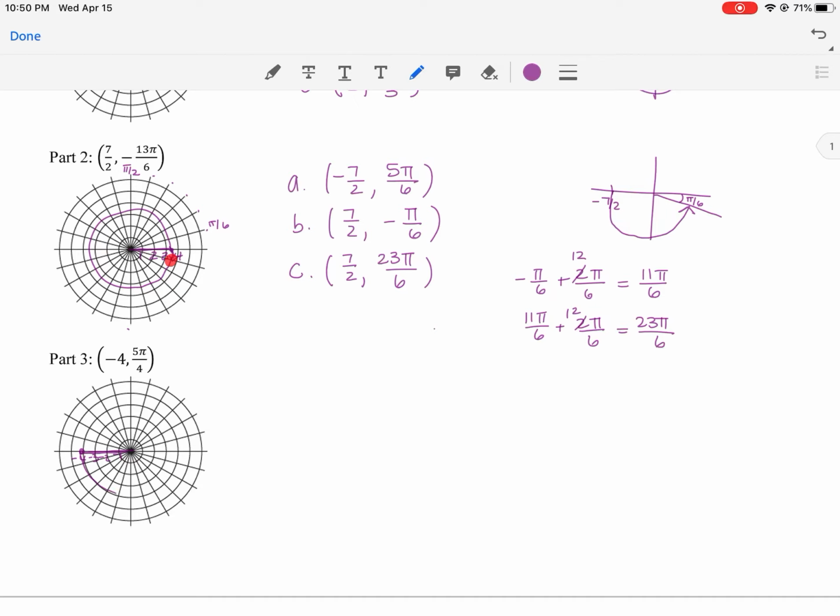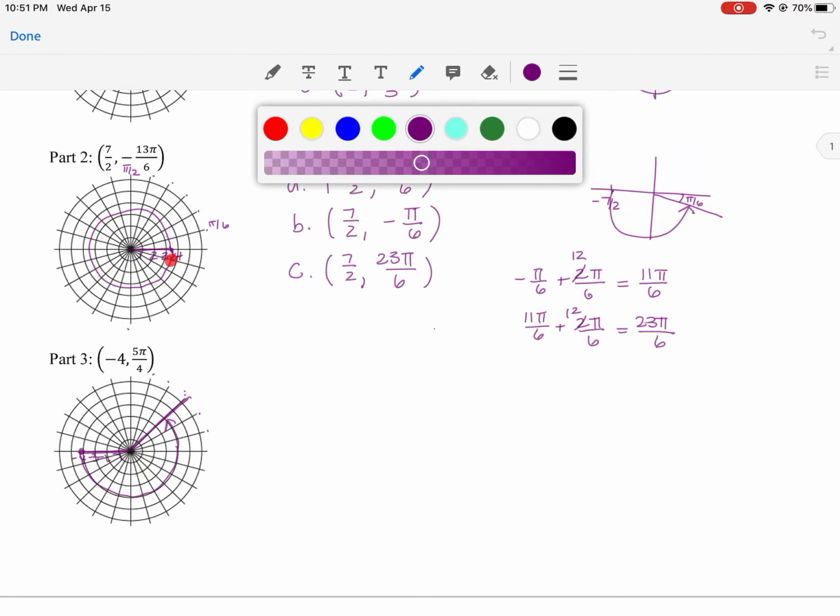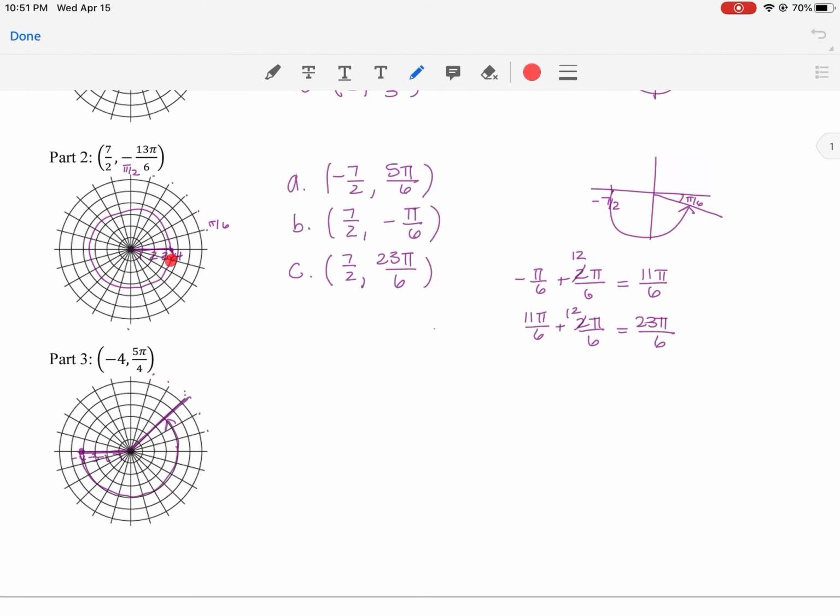So I'm going to go a whole pi, which is 4 pi 4ths, and then 5 pi 4. And this one's actually a little bit tricky because I think it's between 1, 2, 3, 1, 2, 3. I think it's this line right here. So we're going to go all the way to here. So then we're talking about this point right here.